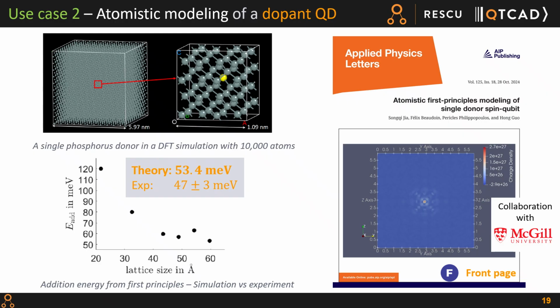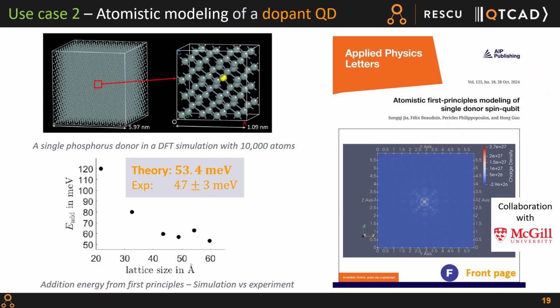And we calculate the charging energy of the dopant quantum dot that is formed by bound states of the phosphorus donor in silicon. And we calculated this charging energy completely from first principles for the first time by injecting Kohn-Sham orbitals calculated with Rescue into QTCAD's many-body solver.